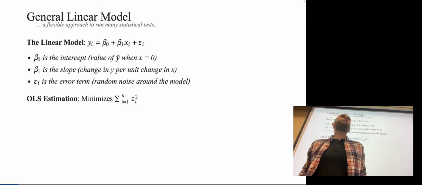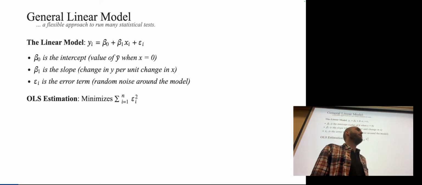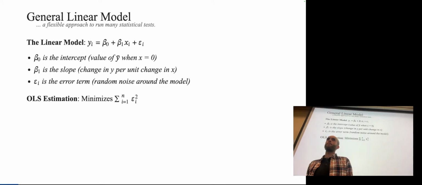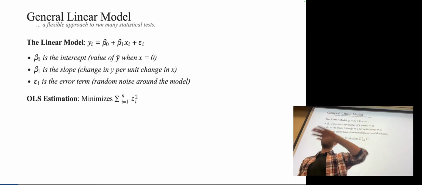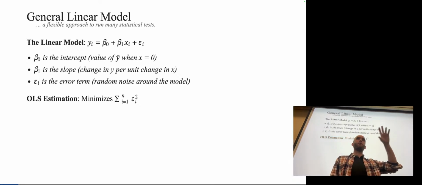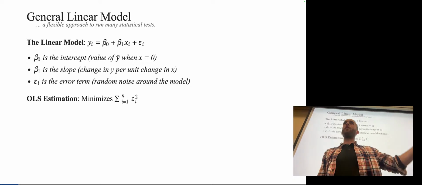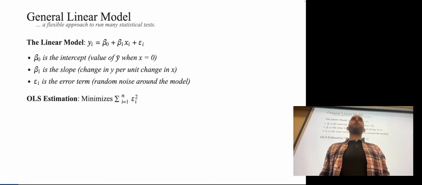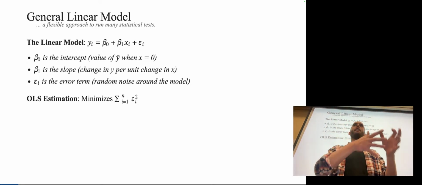And I like to just note here, we're not going to do this minimization procedure, but if you like calculus, you like math, and you like optimization problems, this is an optimization problem. We're just performing a minimization. So we take the first derivative of this model, set it equal to 0, and then we just solve for the parameters beta 0 and beta 1 that make this error term as small as possible.